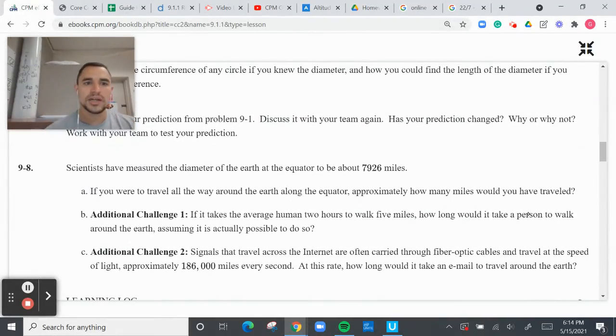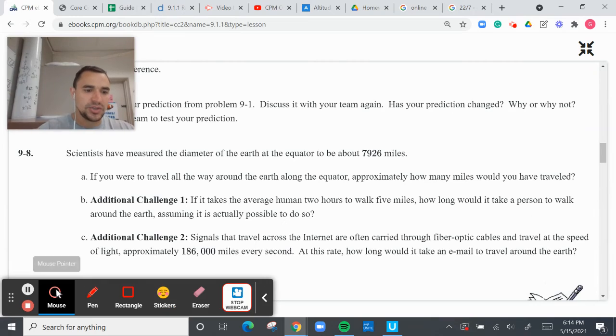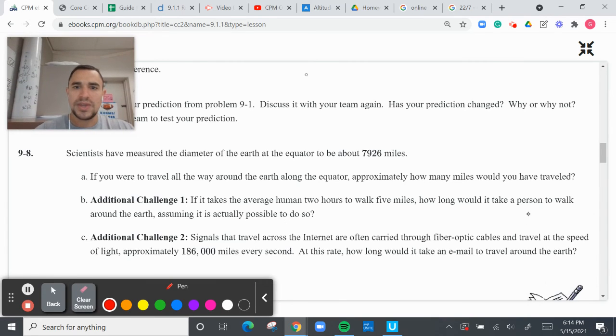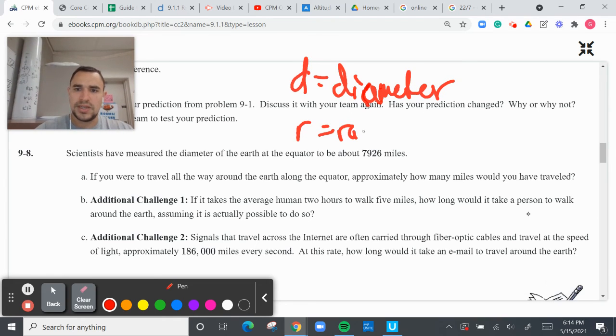All right, so overall, here are the main points that you need to know for today. D is going to equal diameter. R is radius. C will be circumference.